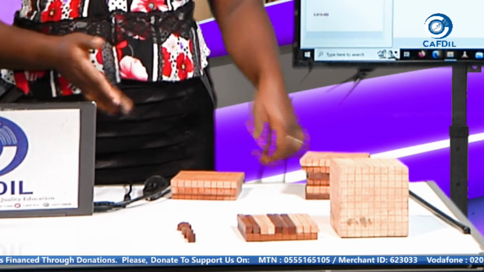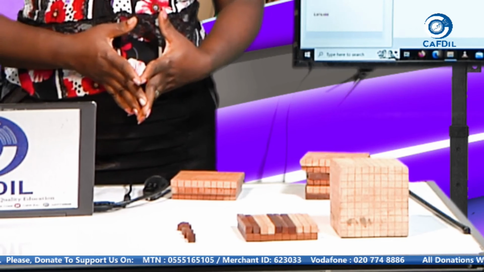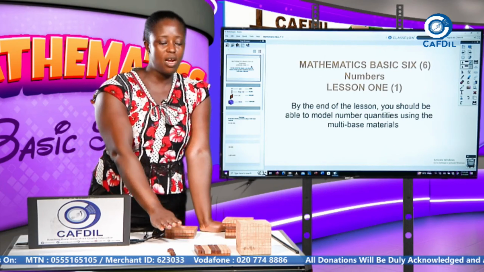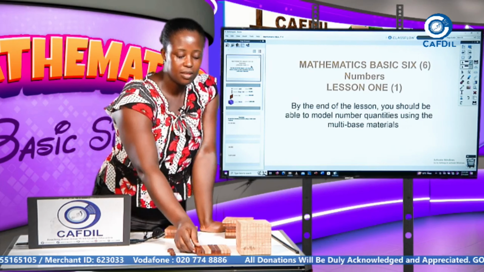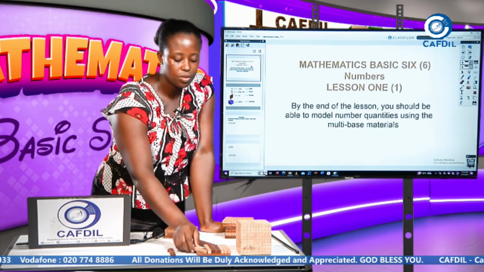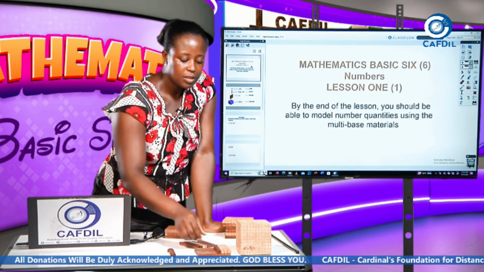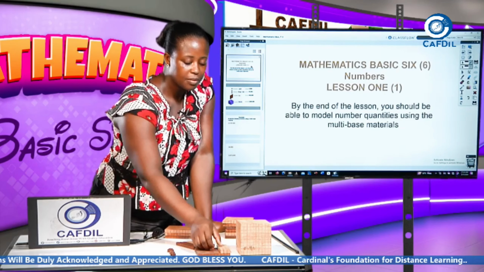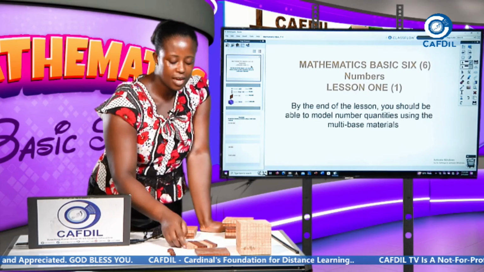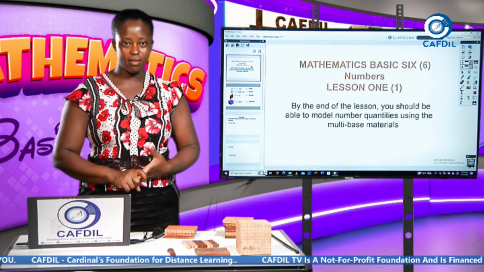Learners, how many longs will give us one flat? The longs have been arranged on the flats. How many longs will give us a flat? Let's remove them and count. 1, 2, 3, 4, 5, 6, 7, 8, 9, 10. So 10 of the longs will also give us a flat.